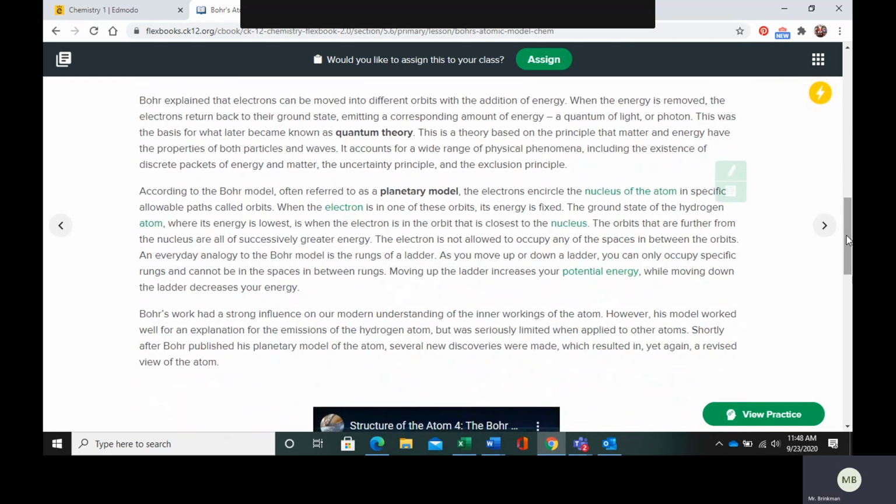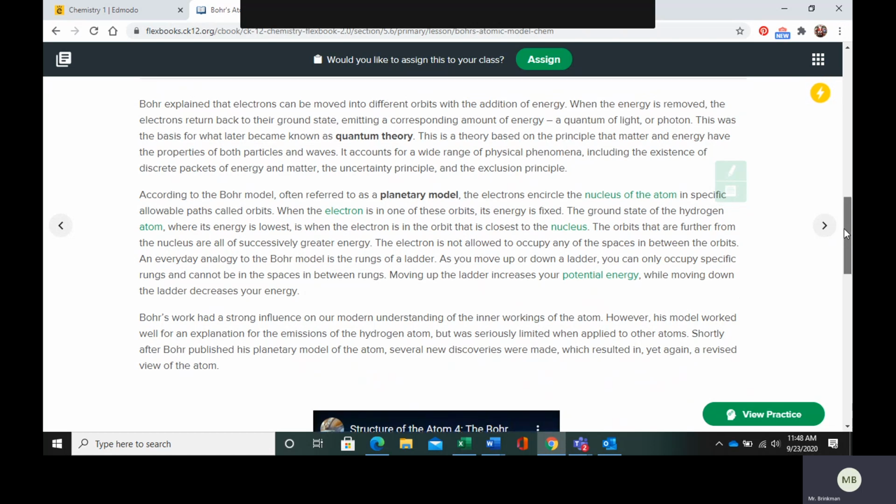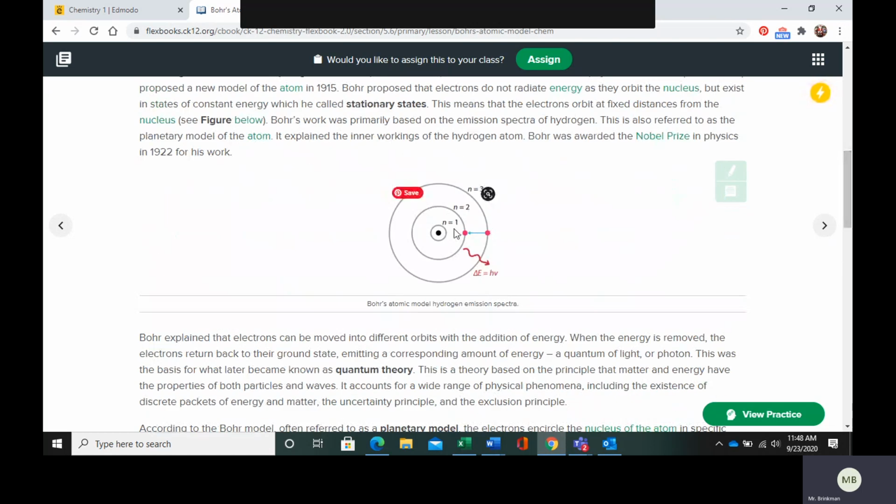Another part of his discoveries is that electrons can be moved into different orbits with the addition of energy. So when energy is added, the electron that's, let's say, in this energy level can jump to this energy level or this energy level.